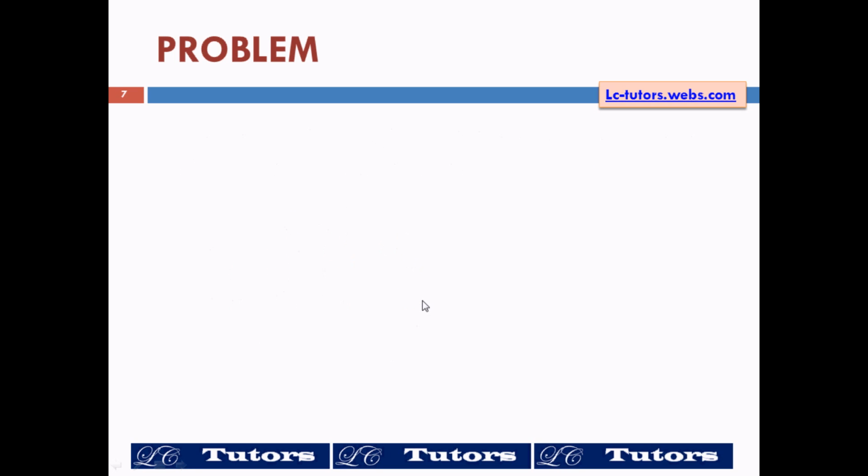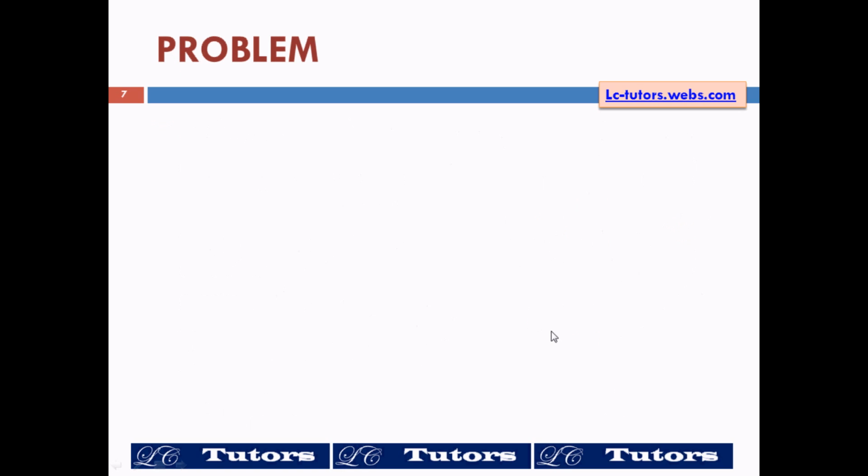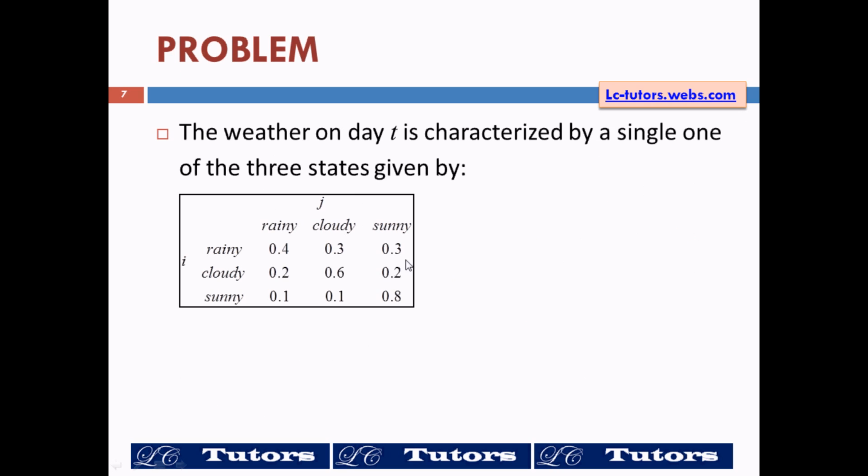So the same thing is given here. We have this figure here, or we can have it in a matrix form. i is the current state, j is the next day. If it was a rainy day, the next day being a rainy day is 0.4, rainy to cloudy 0.3, rainy to sunny 0.3, and so on and so forth.